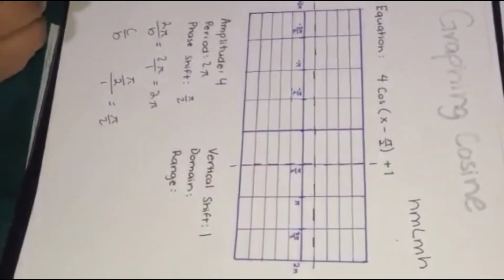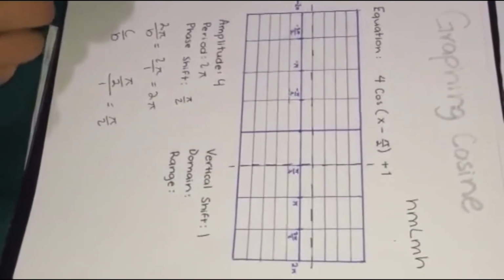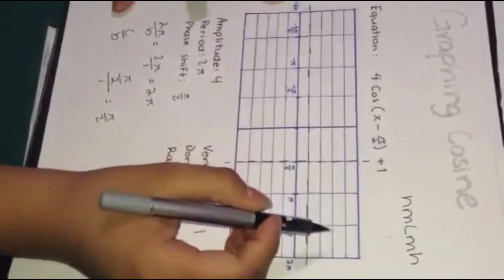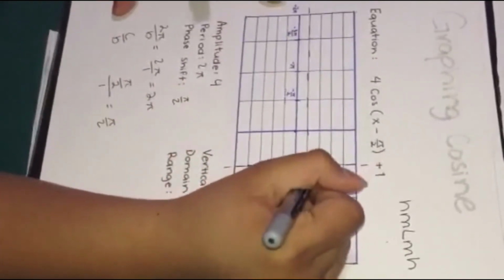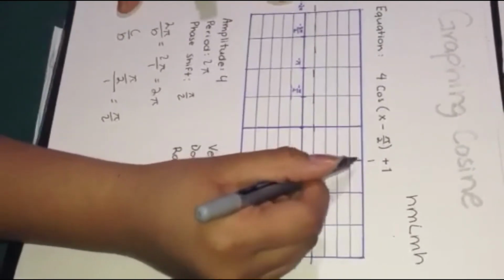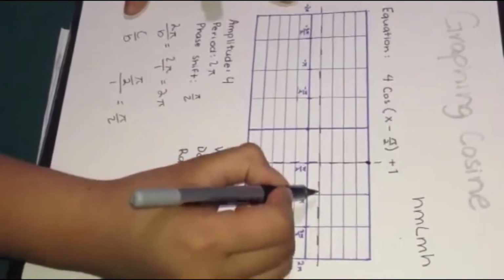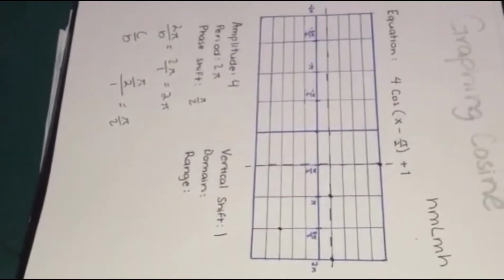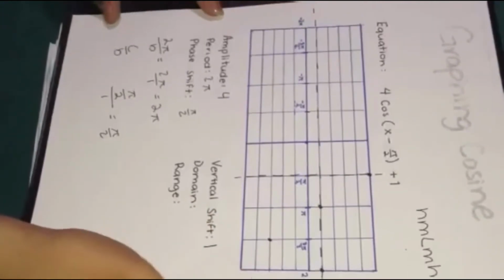Now that we know what our phase shift and vertical shift are, we can start by putting in our amplitude, which is 4. So we start with 4. So it's 1, 2, 3, 4. And then we go to the middle. As you can see, the phase shift affected where the cycle ended.